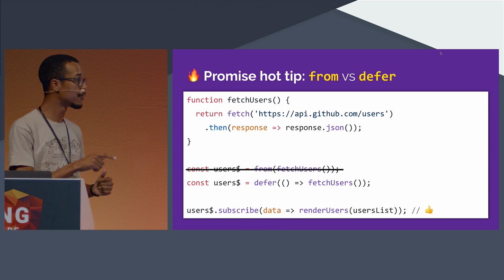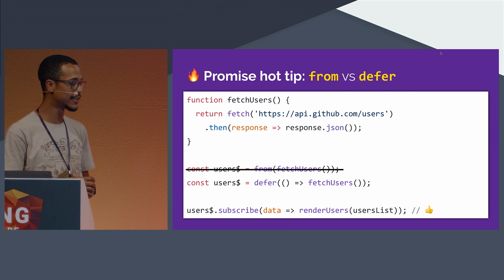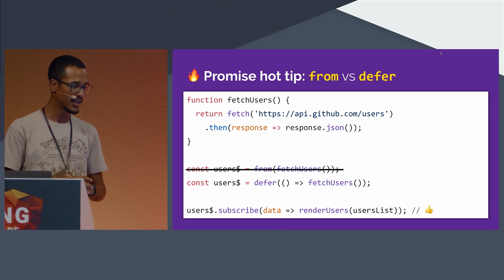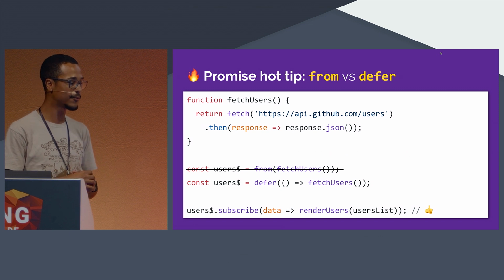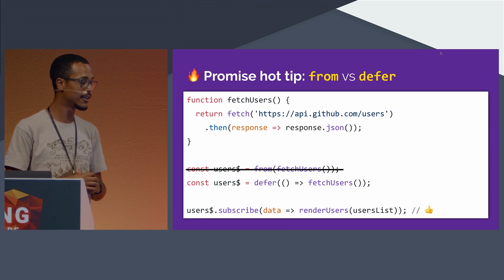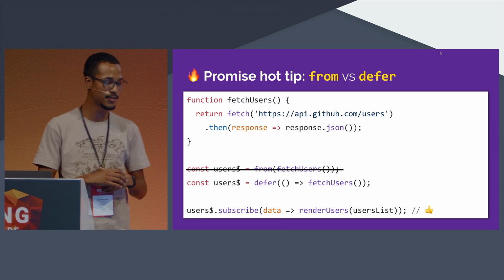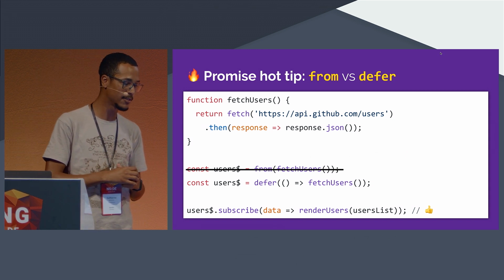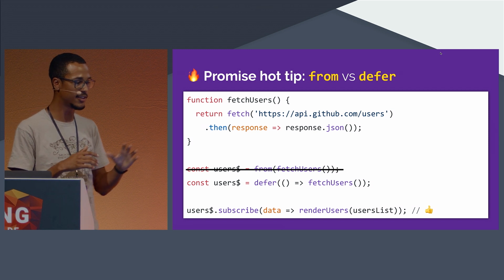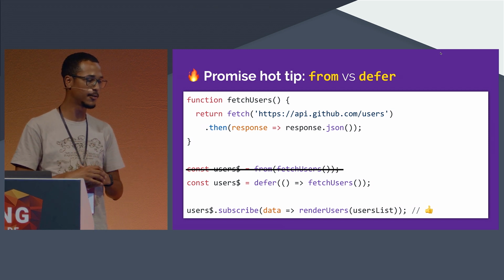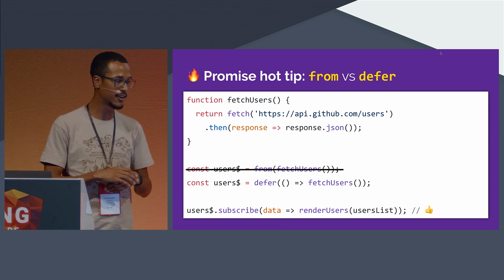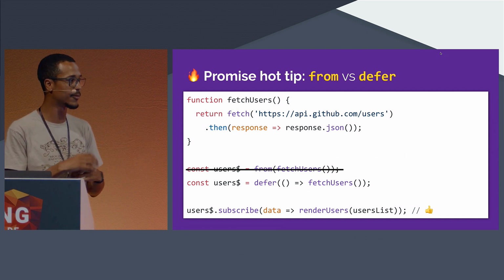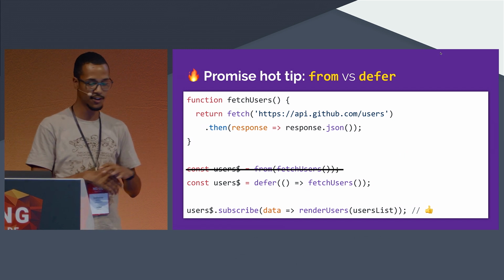We pass a factory function to defer, and the request will be made only when the observable is subscribed, which behaves as we would expect from a stream. So when you are porting other code to a reactive way to get all your recipes and composability, this helps a lot.